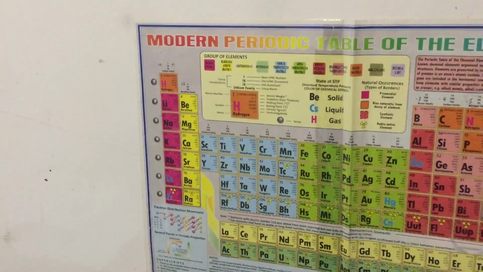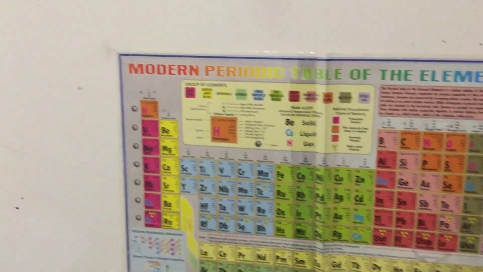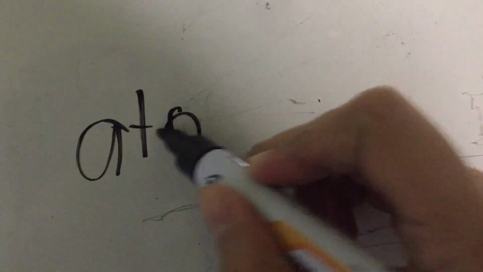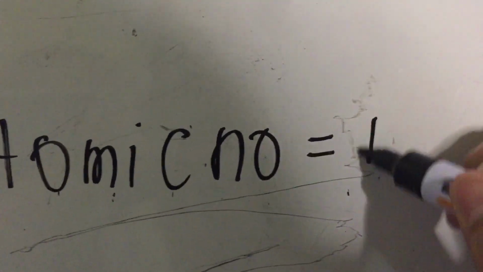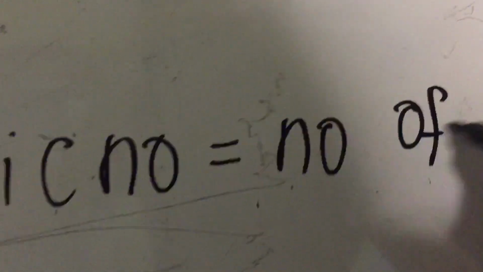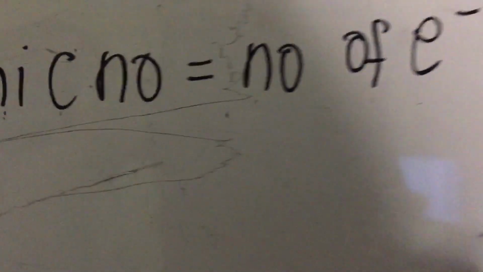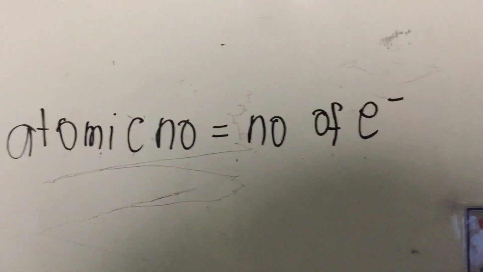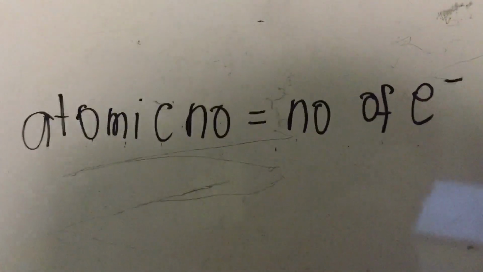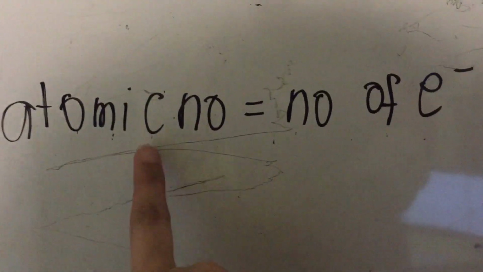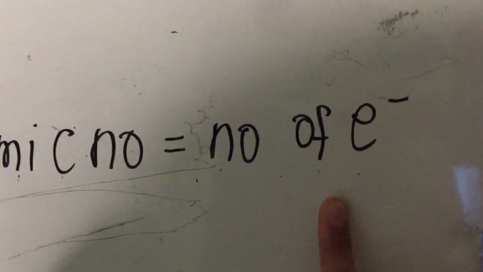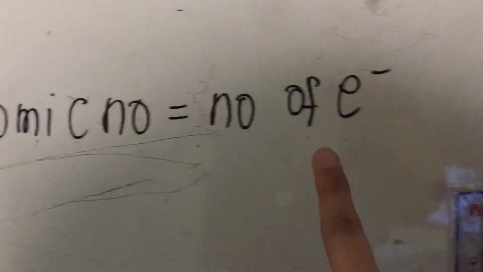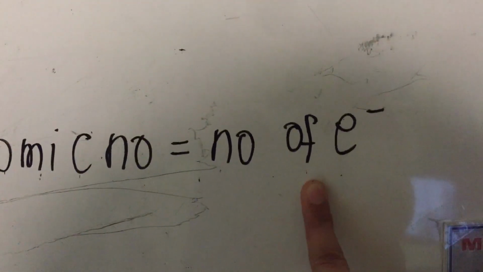Bakit atomic number? Because atomic number is equal to the number of electron. Okay? Equal kasi ang dalawang yan. Anong ibig sabihin nun? Kung anong atomic number ng isang element, yun din ang number of electron niya.